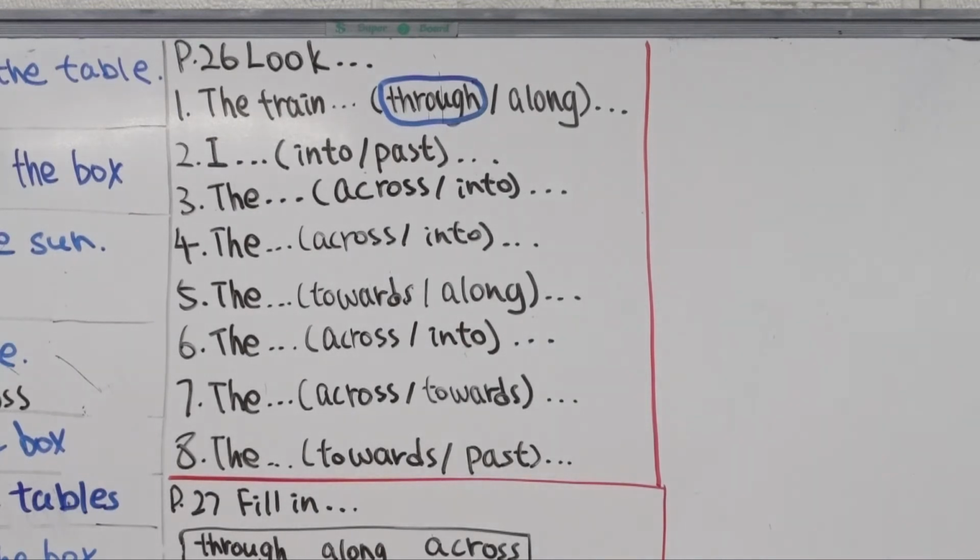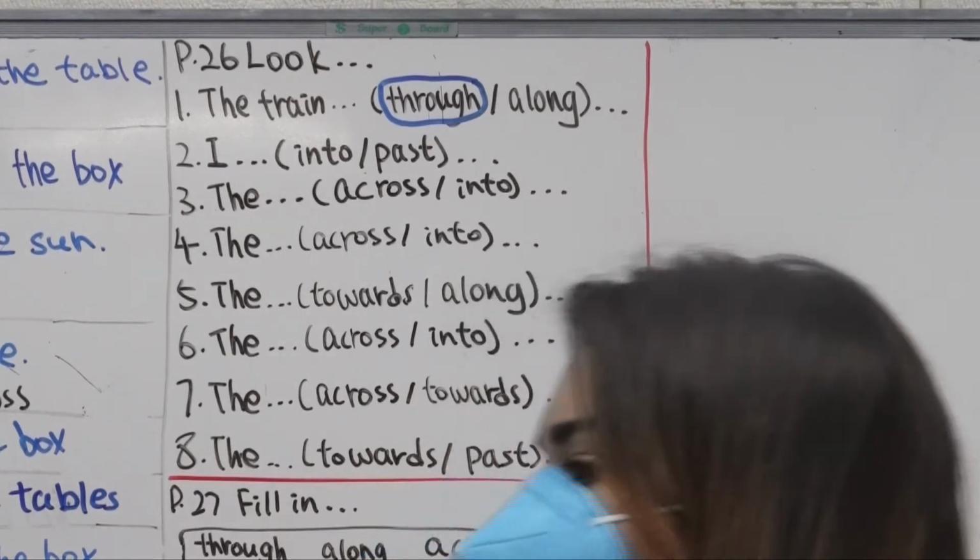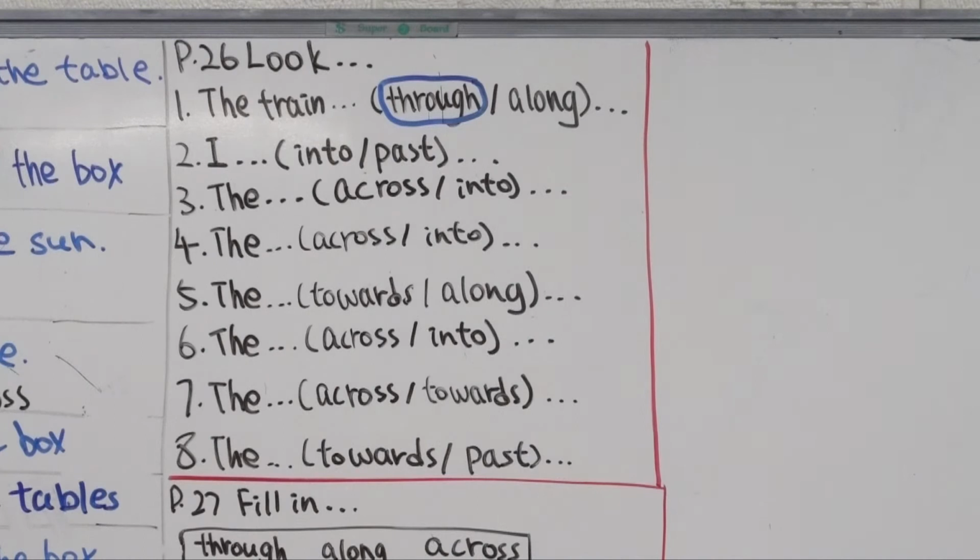Number 2. I walk into or past the fruit stall on my way to school. So, do you think you can enter the food stall? Do you know what a stall is? A stall is an outdoors place, all right?